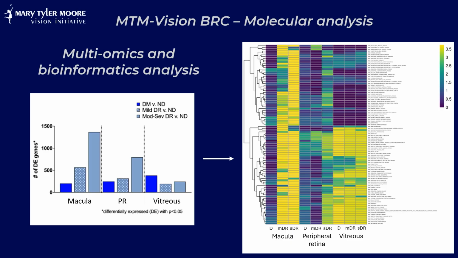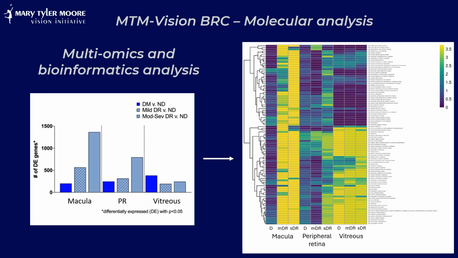Here, I'm showing some of the results that we have had looking specifically at proteomic changes, differentiating them between the macula, the peripheral retina, and the vitreous, which highlights how each one of those regions is affected somewhat differently and at different stages of the disease, going from diabetics without DR to diabetics with mild DR and diabetics with severe DR as a factor of the progression of the disease.